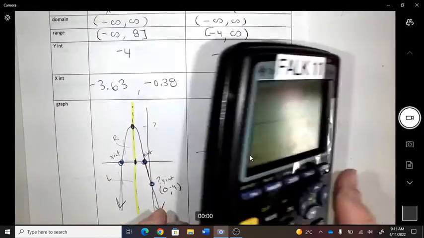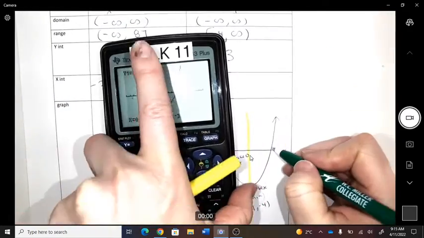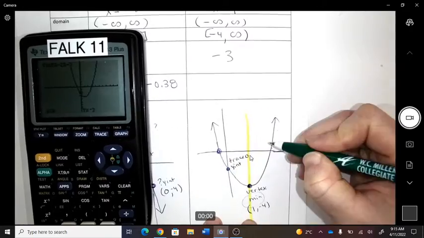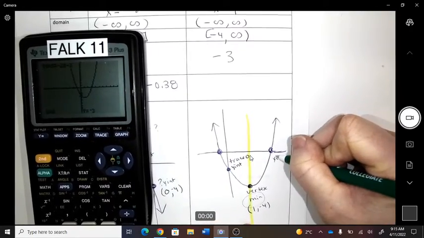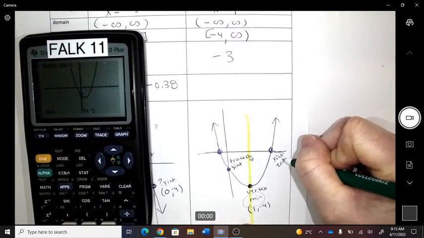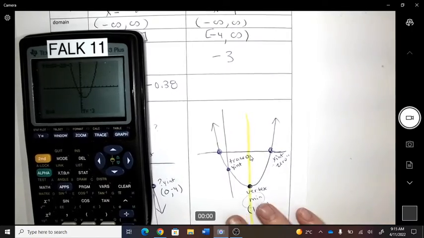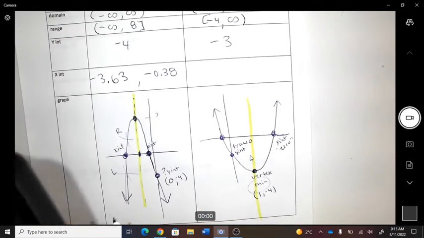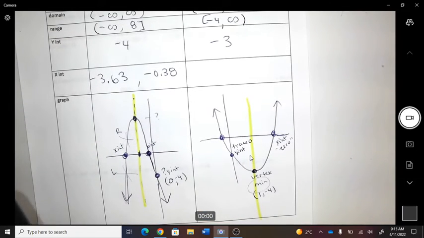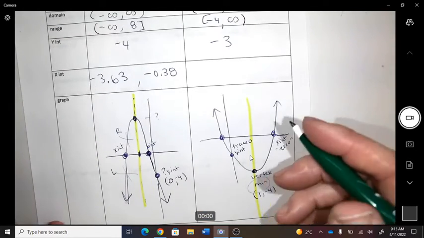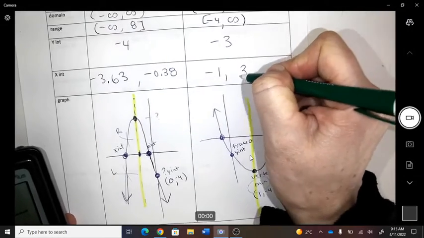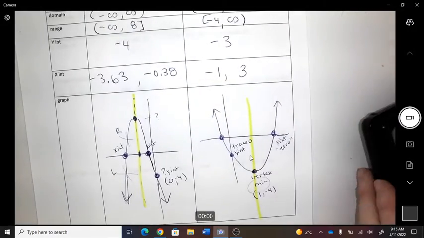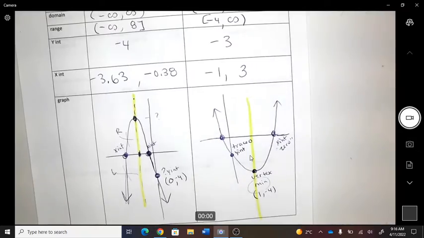Okay, and the x-intercepts. So can you find me these by doing a 0? So that's calculate a 0. So second, calculate.